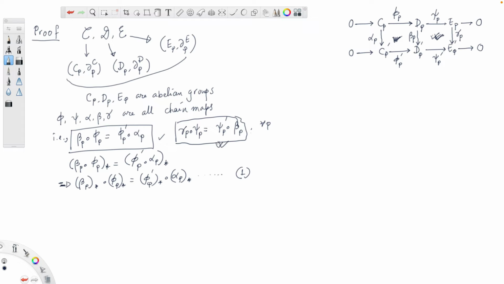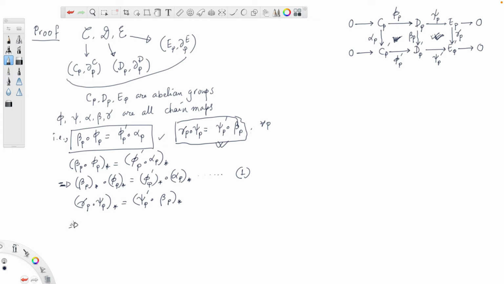Applying the induced homomorphism on the equality of the homomorphisms on the right hand side, we get gamma p composed with psi p star is equal to psi p prime composed with beta p star.